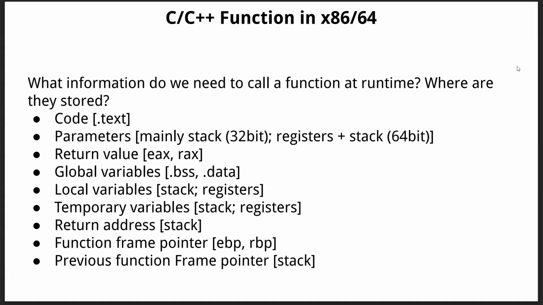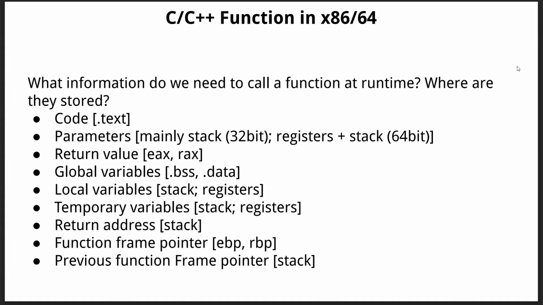The parameters can be on the stack, and they can also be in registers. For 32-bit, they are mostly on the stack. There are some calling conventions where we can put parameters in registers to make things a little bit faster, but there are only a limited number of registers for 32-bit. So we do not do that very often.